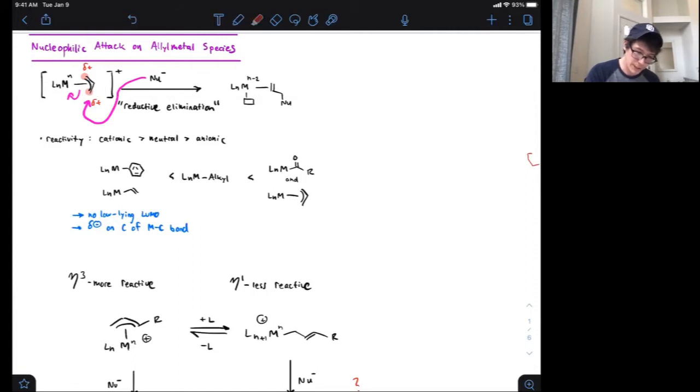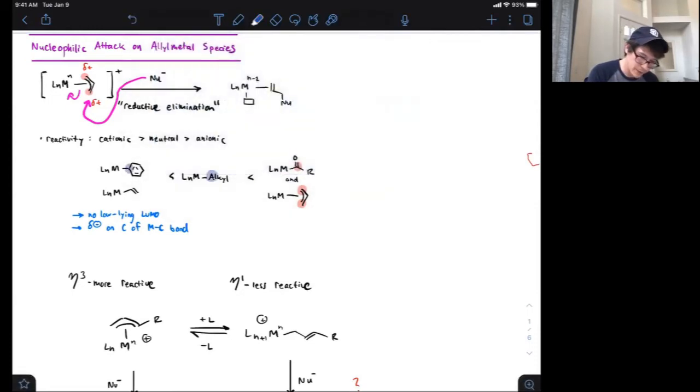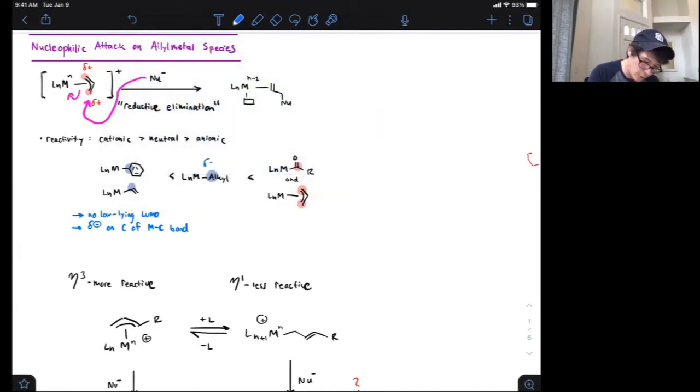So if we make this comparison of metal-allyl, and another one that's related here, metal-acyls, they're actually electrophilic at the carbon that's directly attached to the metal, and that stands in stark contrast to alkyl metals, aryl metals, or alkenyl metals. And that's because these others that are highlighted in blue lack a low-lying LUMO for any nucleophile to engage. And if you just think about the charge density, these are all delta minus.